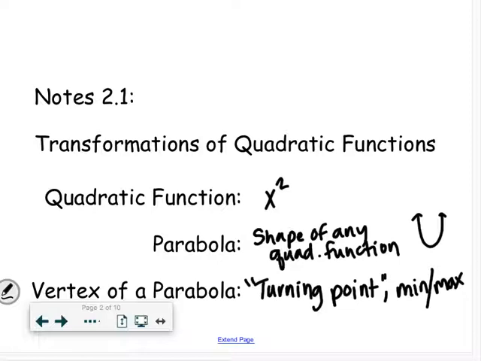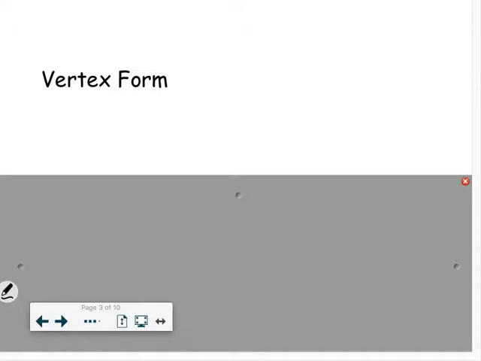Okay, so today we're going to talk about one form of a parabola. It's called the vertex form. Sometimes you might hear people refer to the vertex form as the transformational form.